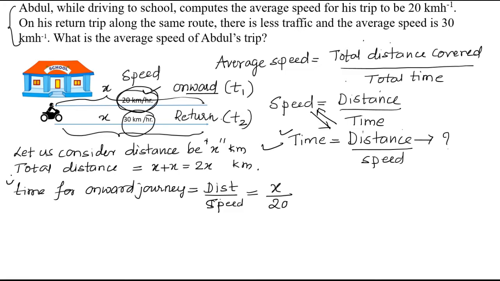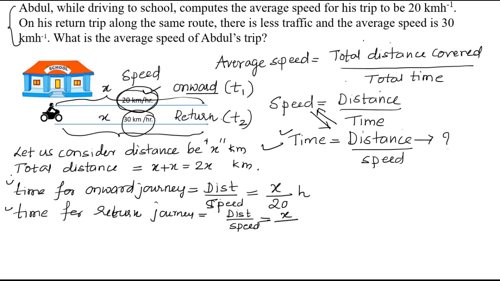Since it is time, it will be in hours. In the same way, time for the return journey is again distance divided by speed. The distance remains the same and the speed becomes a bit more, that is 30. Since it's a time, it is again in hours.